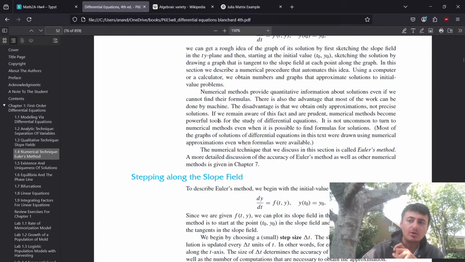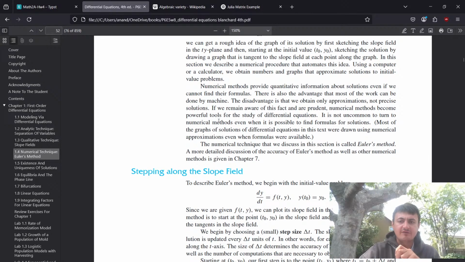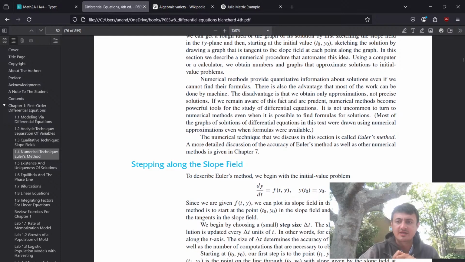Numerical methods provide quantitative information about solutions even if we cannot find their formulas. There is also the advantage that most of the work can be done by machine. The disadvantage is that we obtain only approximations and not precise solutions.